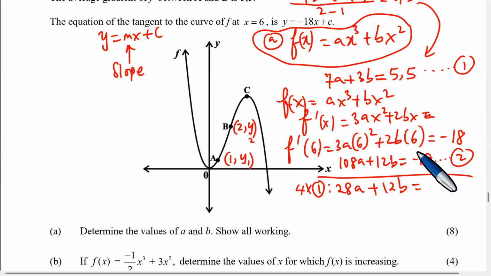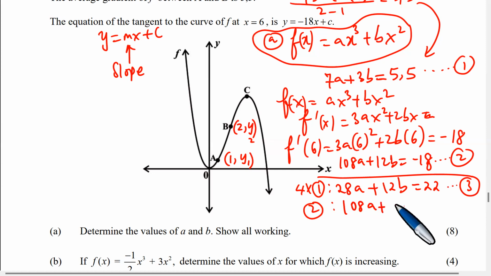And 11 out of 2, if you multiply it by 4, it becomes 22. This is equation 3. And then you have another equation, which is equation 2: 108a plus 12b is equal to minus 18.